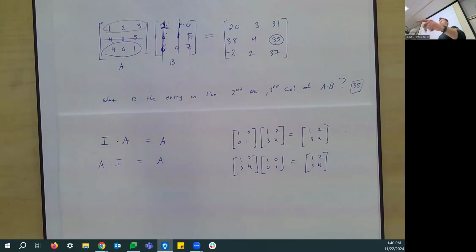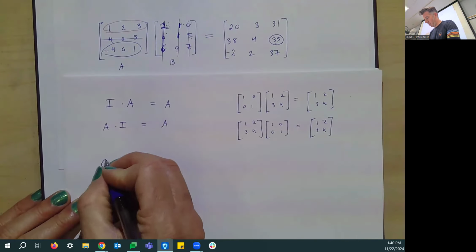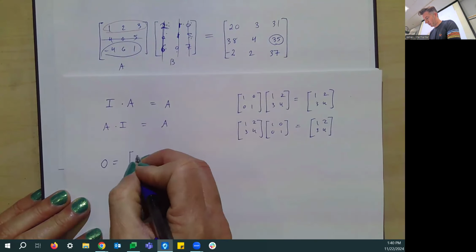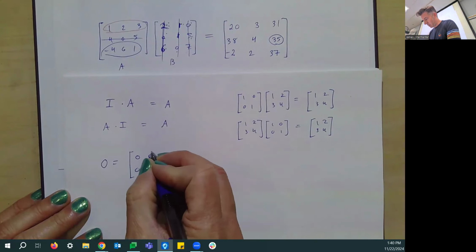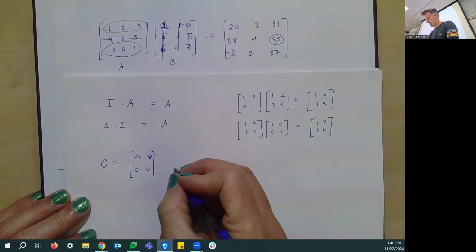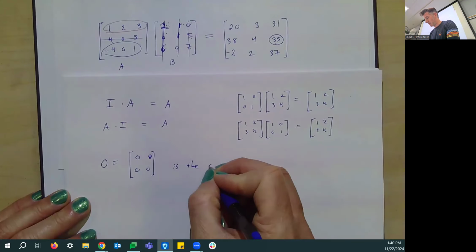And just in case you're not clear about the language here, the reason something's called an identity is because it doesn't change something else. So this matrix is called the multiplicative identity, because when you multiply by it, it leaves the thing alone. Similarly, the zero matrix, which is just a matrix full of zeros, is not talked about as much, but it is the additive identity.